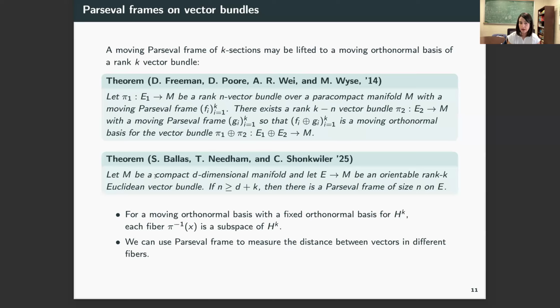Another thing I want to mention is that for a moving orthonormal basis, we look at the fibers as subspaces of our H^K, and we are going to use a parseval frame to measure the distance between vectors in different fibers. That gives us a great tool to say how far away vectors in different fibers are from each other.